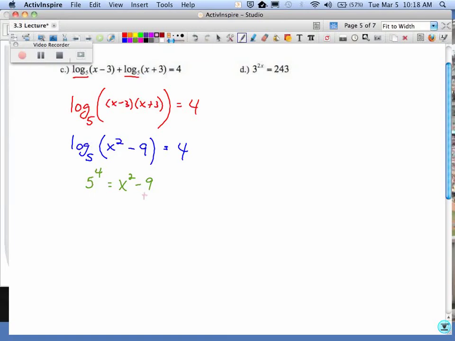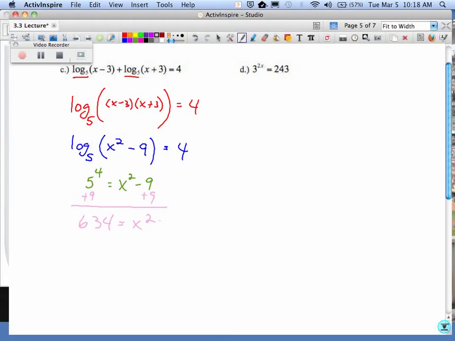What is 5 to the 4th power plus 9? 5 to the 4th is 625, and then adding 9 is 634, right? So what do we do here?